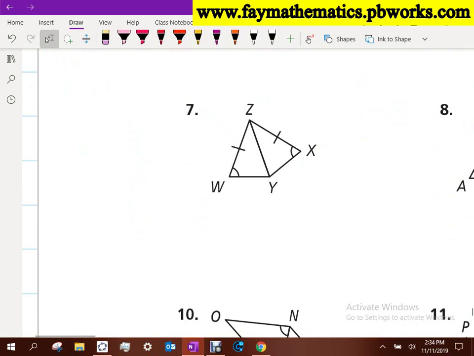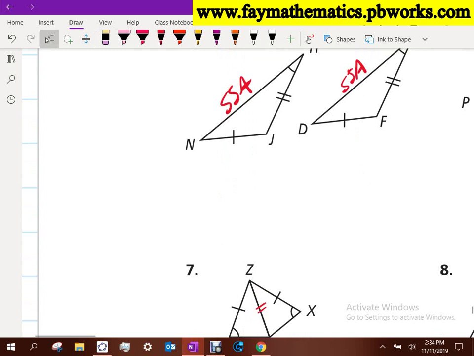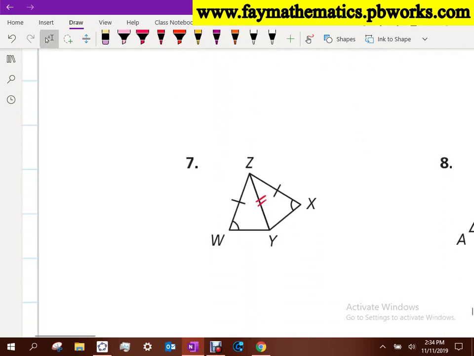What about this one? ZY is in both, right? But is that the same picture as what we had up here in number 4, essentially? You've got side, side, and then the angle, right? Does everybody agree that that angle in my picture is not between my two sides?